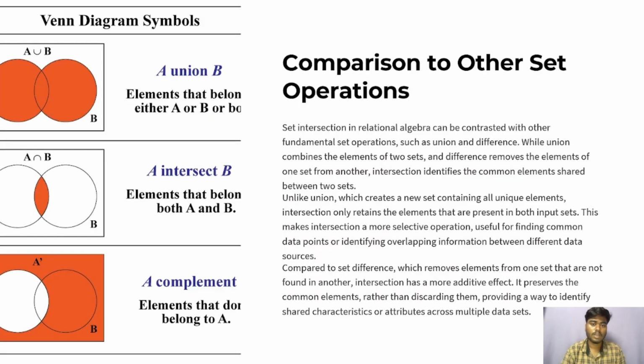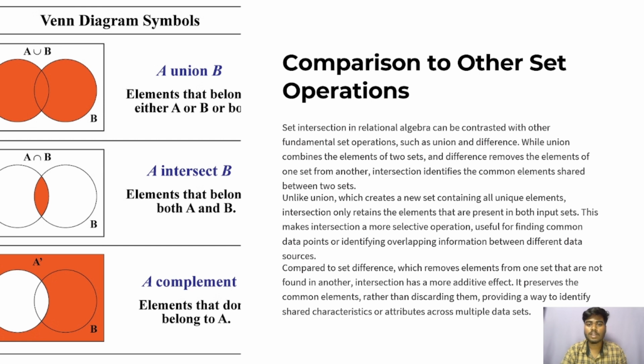This slide gives us the comparison to other set operations. Set intersection in relational algebra can be contrasted with other fundamental set operations such as union and difference. Union combines the elements of two sets and difference removes the elements of one set from another.